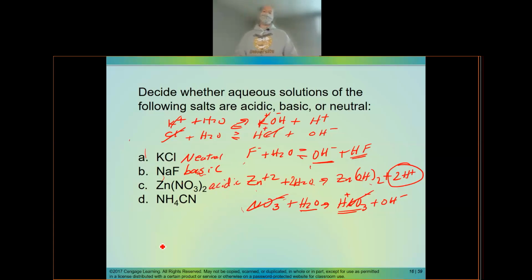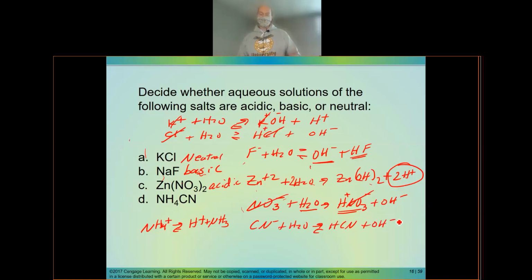All right, and then D, we have our NH4, and we know that the NH4 is going to give us our H plus and our NH3. So that says it's going to be acid. The CN minus is going to react with H2O to give HCN and OH minus.